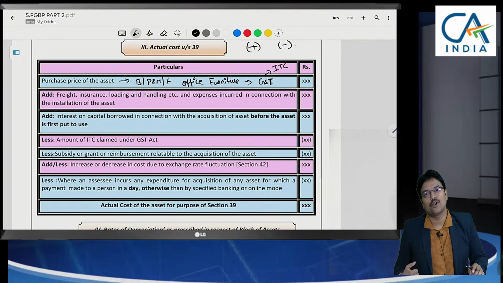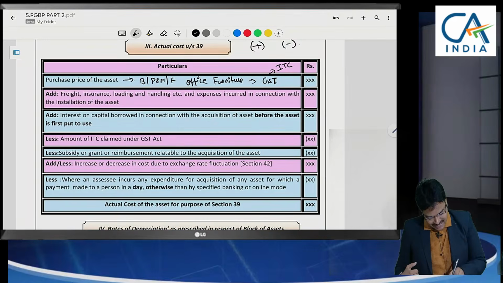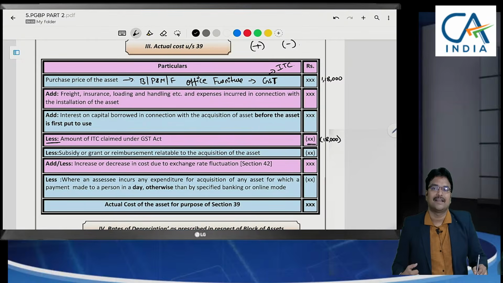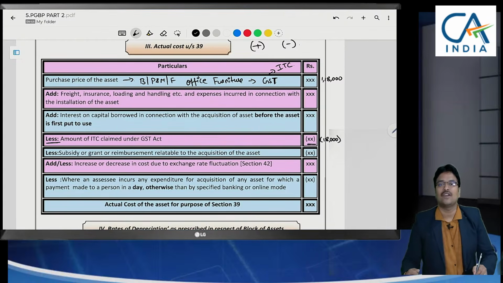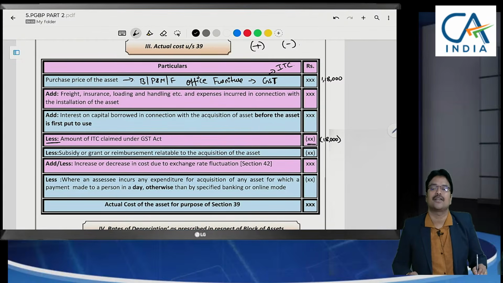ITC is available on capital goods also. Since you are availing ITC, that amount has to be reduced from the actual price. Let us assume 1,18,000 is the total purchase price, in which 18,000 is the GST amount, that has to be reduced. That means on the taxable value of 1 lakh only we can claim depreciation.